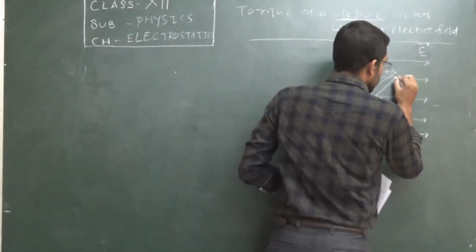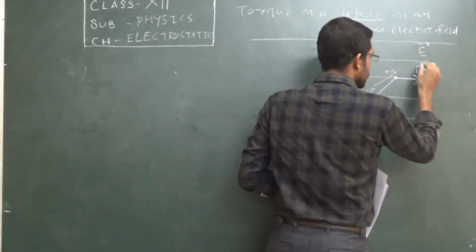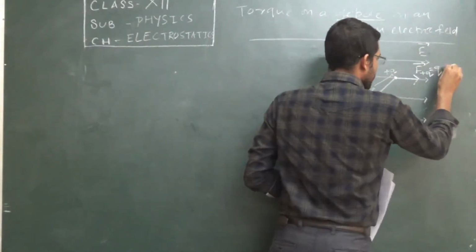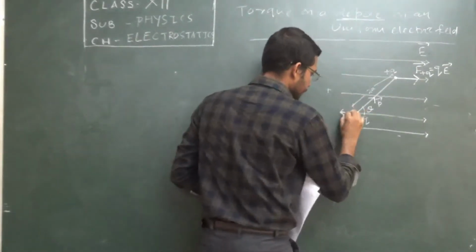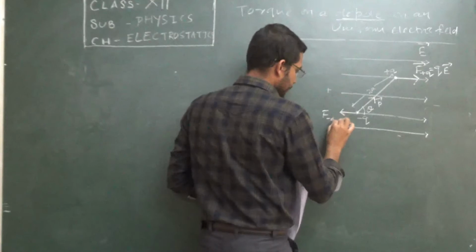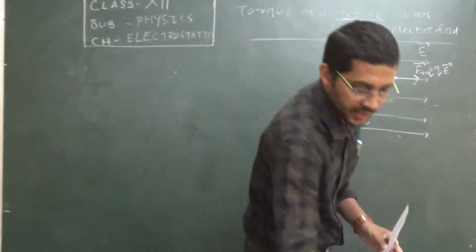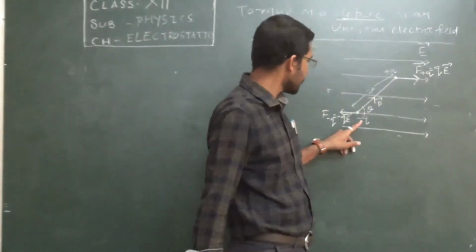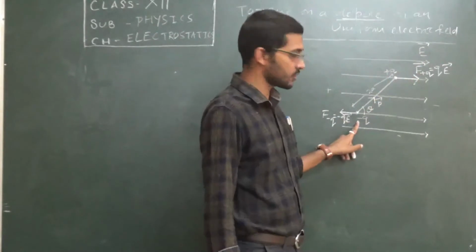So this is force on plus Q, which can be written as QE. This can be given as force on minus Q, which is minus QE. The negative sign indicates that the force is acting in the direction opposite to the field.